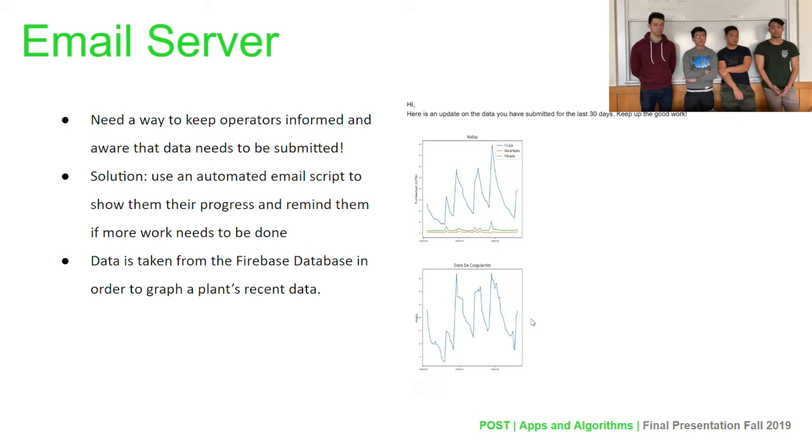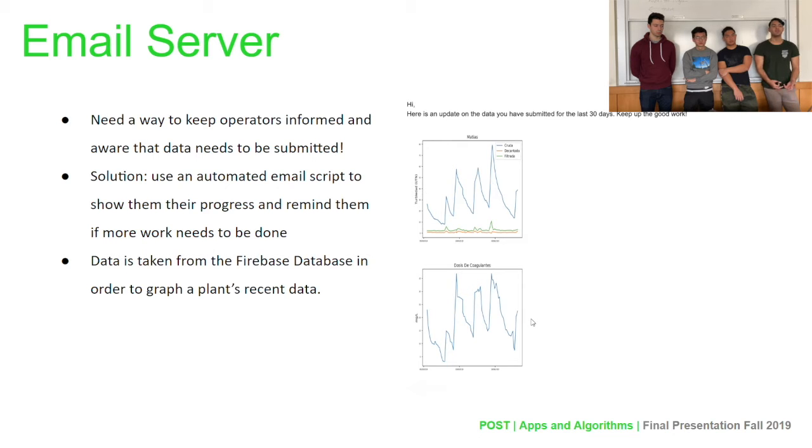So something I was working on last semester and a little bit into this semester was the email server. Like I said during symposium and previous presentations, we needed a way to keep operators informed and aware that the data they were sending was, one, getting to us, and two, we wanted to let them know if it wasn't getting to us, that they needed to be submitting data more often.